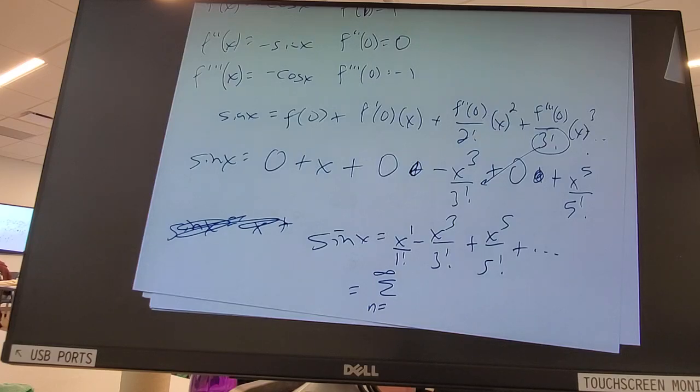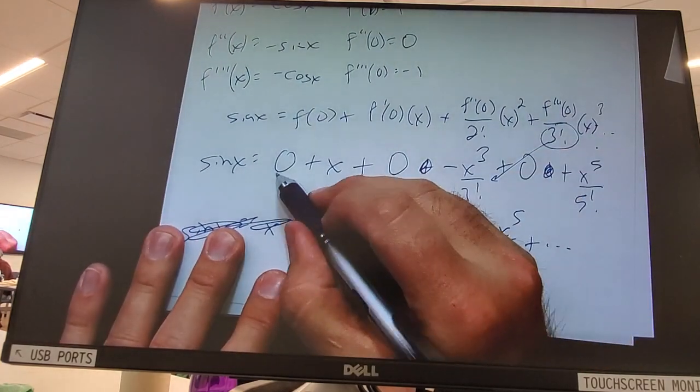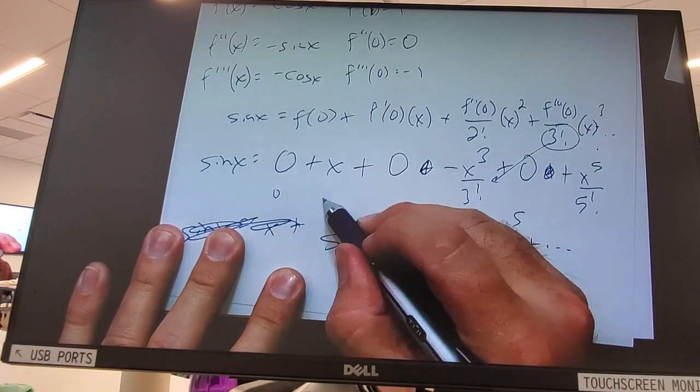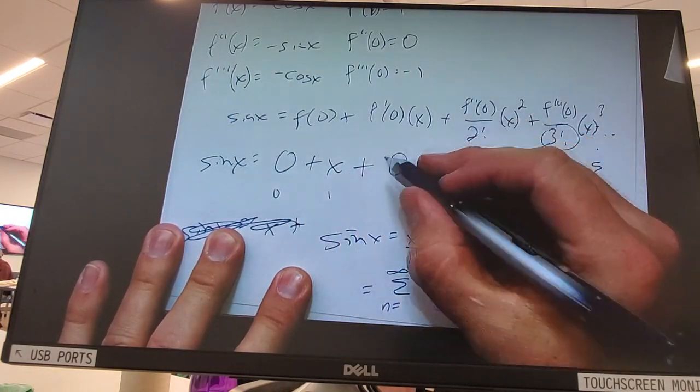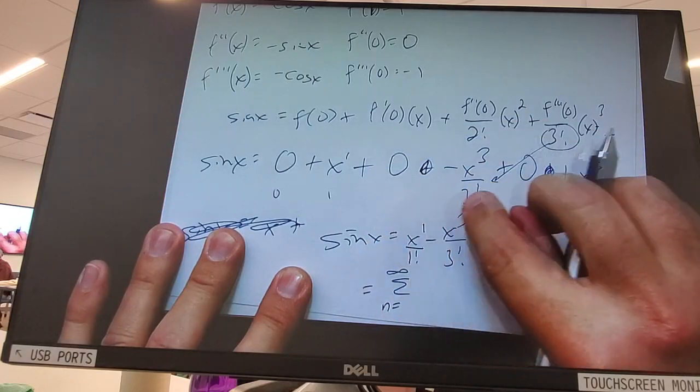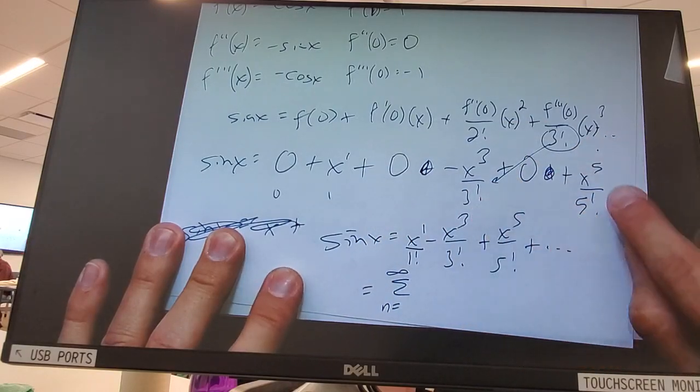So when n is 1, I get 1. When n is 2, I get 3. When n is 1, this is 0, this is 1. When n is 3, I get 3. When n is 5, I get 5.